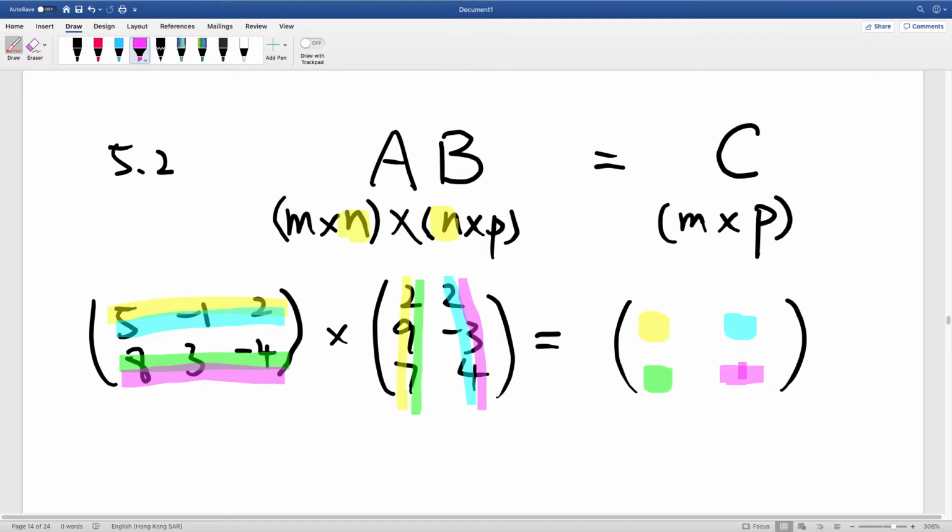You just follow the colors. I'll show you the answer. The answer should be 15 and negative 9.